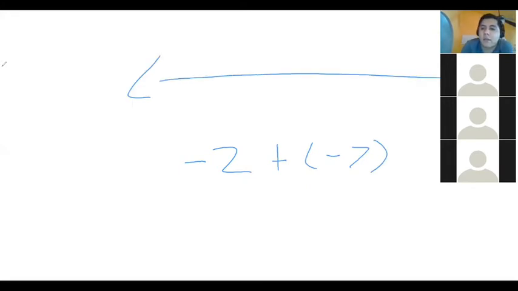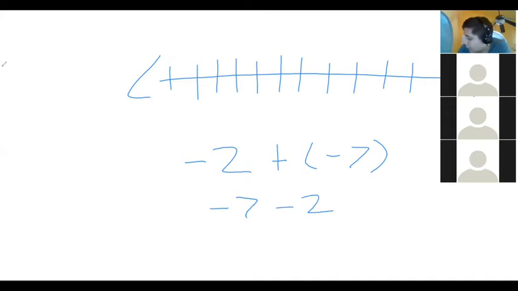So let me throw another example. Say we have -2 plus -7. So what's another way that we can write that problem down? -7 minus 2. Yeah, that's one way.